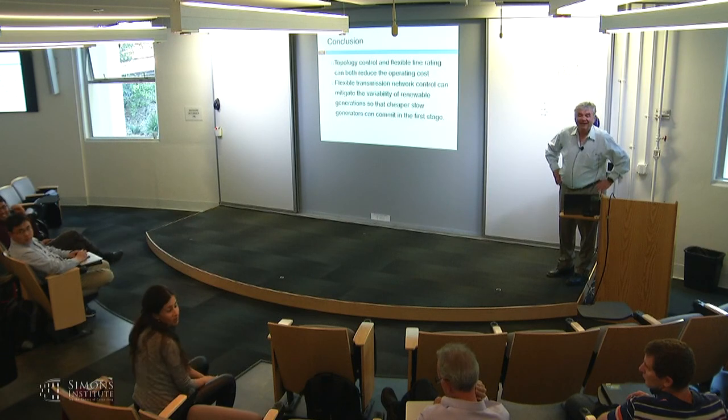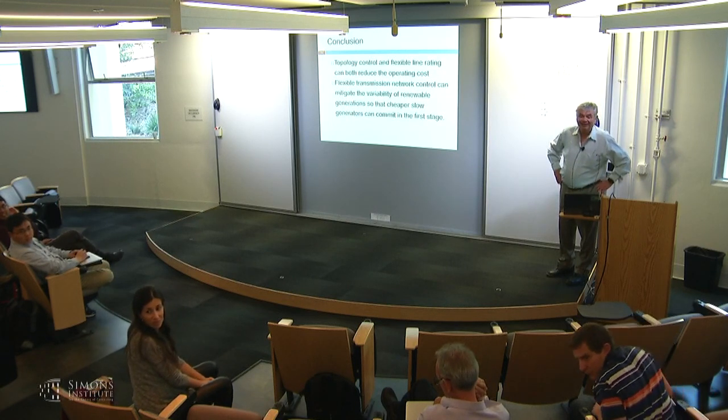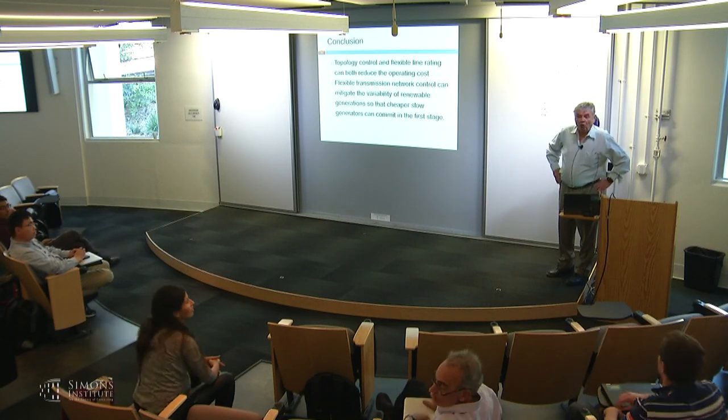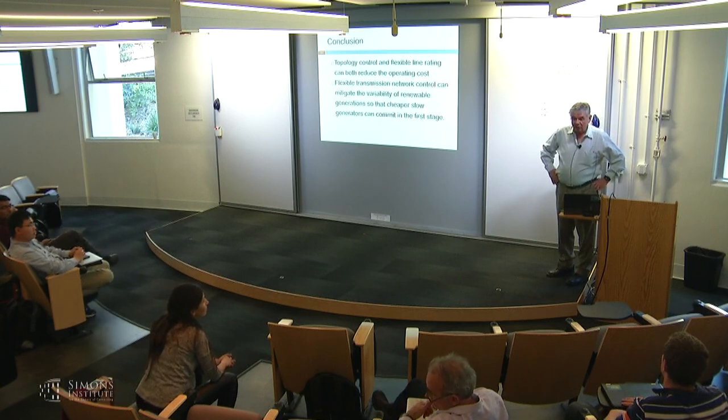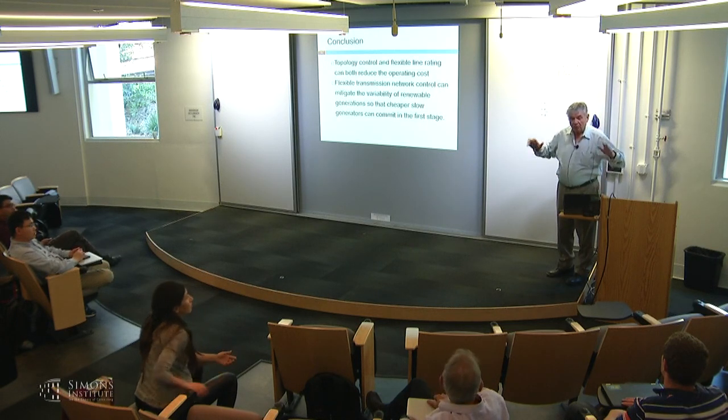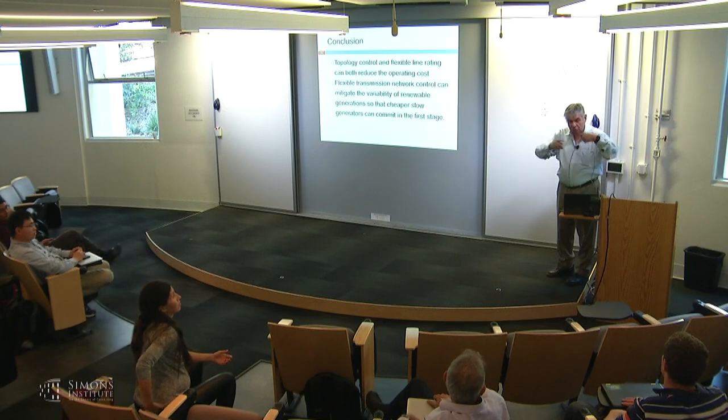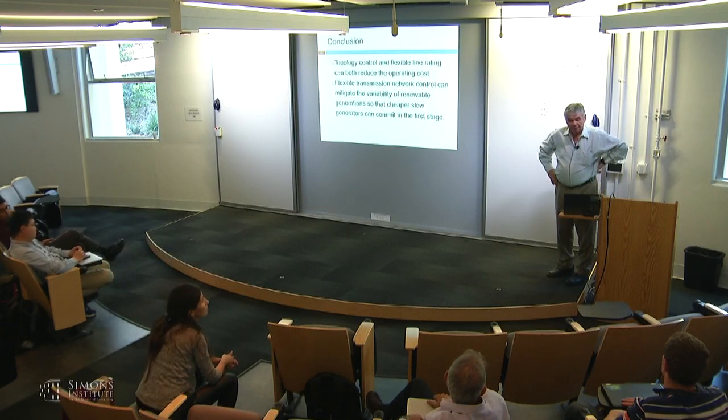Is it actually legal to go above the line limit? Well, it's legal as a recourse. If you look at NERC criteria, they allow you to run 30 minutes of emergency rating, which is 30% above the line limit.